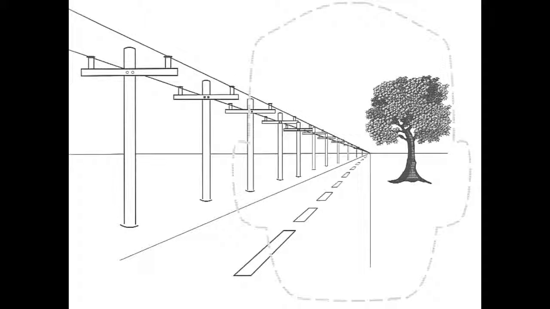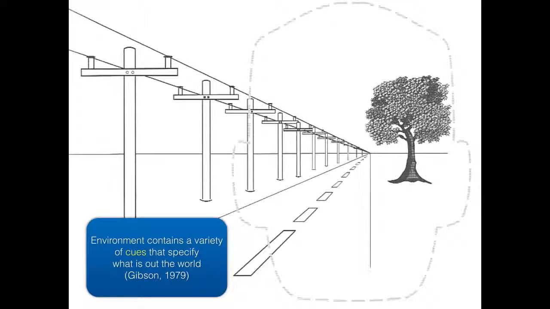The visual field by Gibson, in 1979: she's talking about the environment that contains a variety of cues that describe what is outside in the world. You can see that this is the line of eyesight, and this is a pole whose size is the same, but when you look at the perspective, this one is closer than this one, this one is longer.